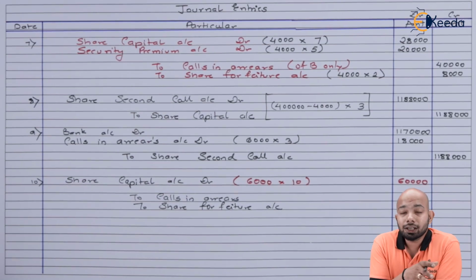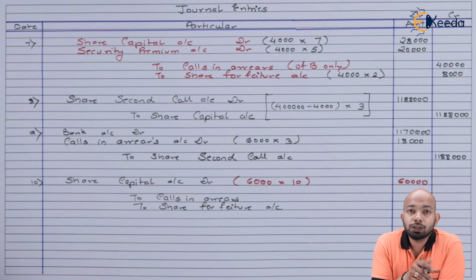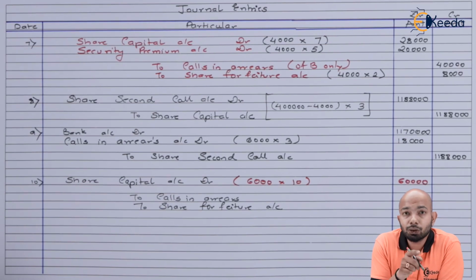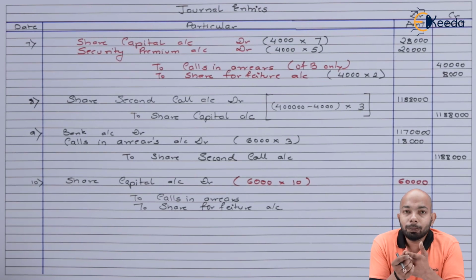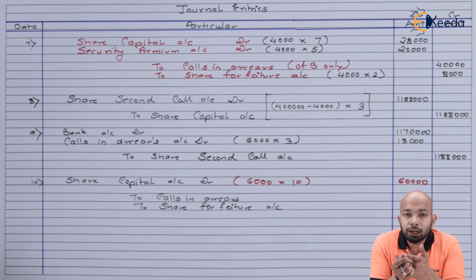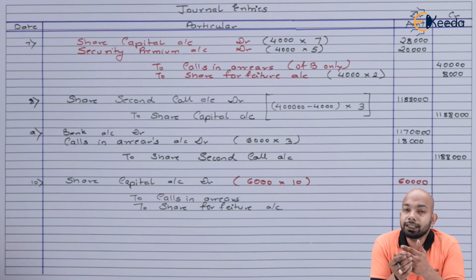Now, calls in arrears refers to this specific person not paying the amount referred to his first and final call. First call being 4 rupees and final call being 3 rupees, a total of 7 rupees he hasn't paid. So we have received only 1 rupee related to allotment and 2 rupees related to application.